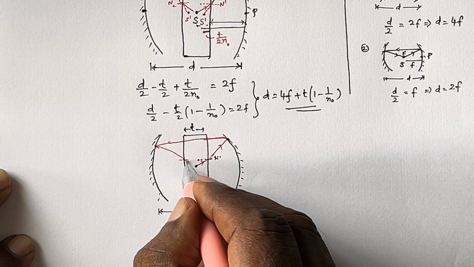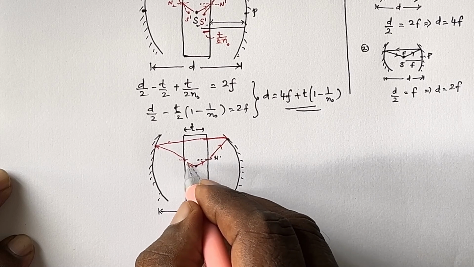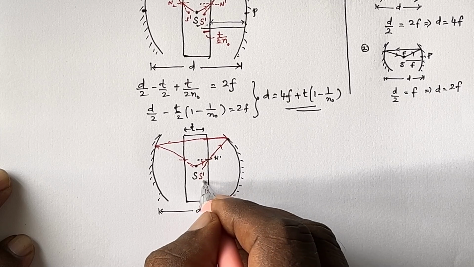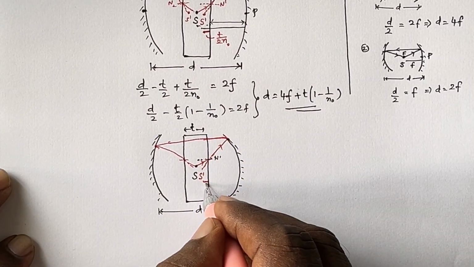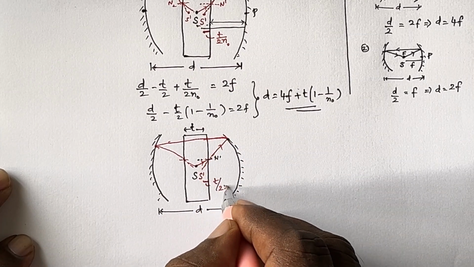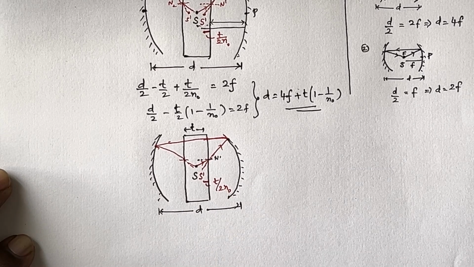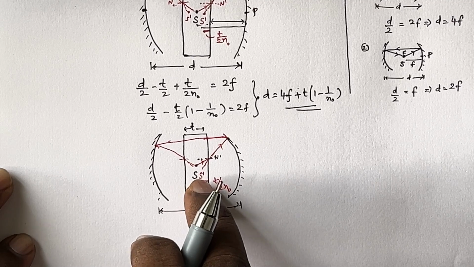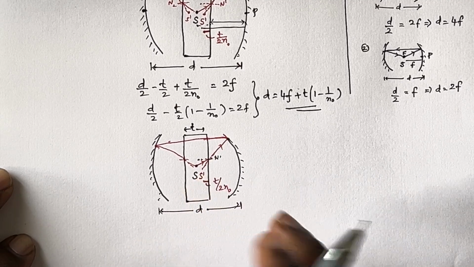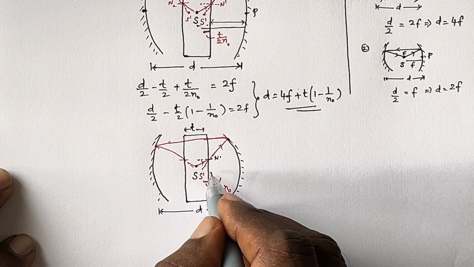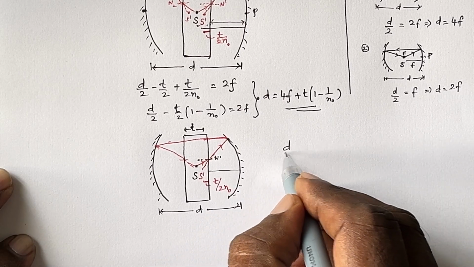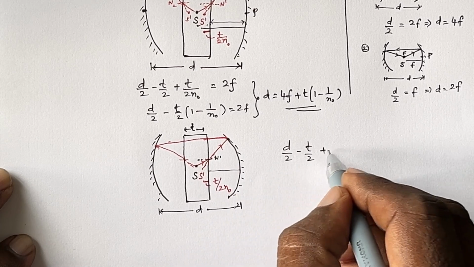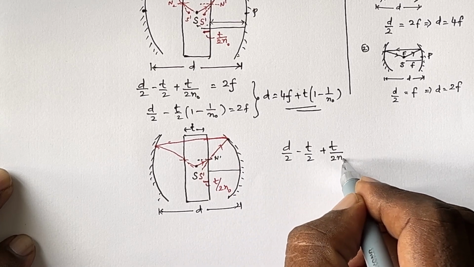But the shift we can see here from outside is the shift we have already calculated. The shift is t by 2 n naught. Whenever this happens, the source is at a principal focus distance. So this distance is d by 2 minus T by 2 plus shift T by 2n naught.